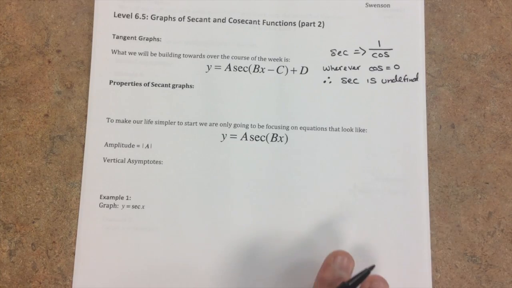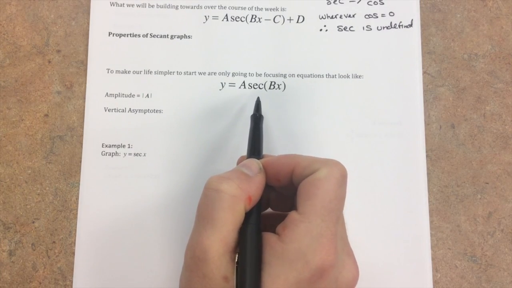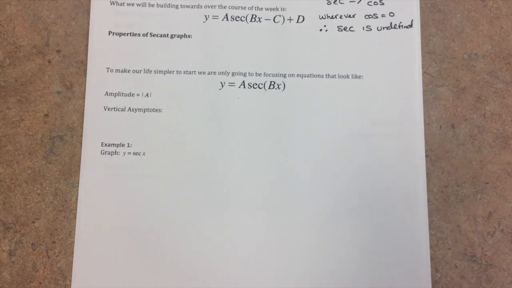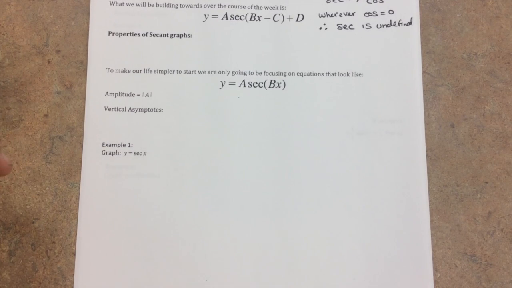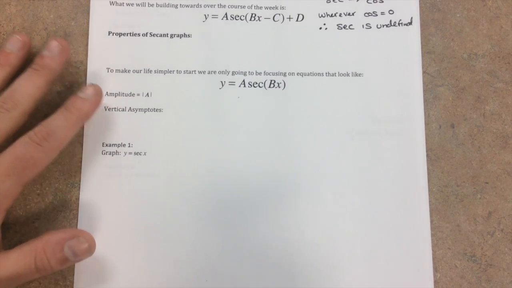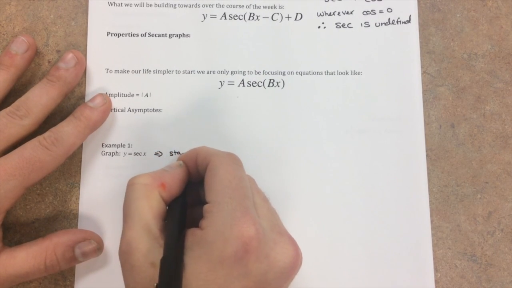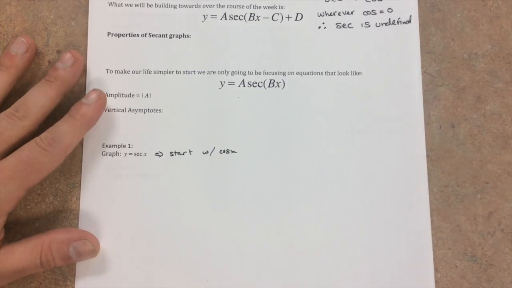So I'm going to walk you through just a simplified version. A, again, is our amplitude. B is our period. And with any reciprocal graph, always start with sine or cosine's graph. So secant, start with cosine x.